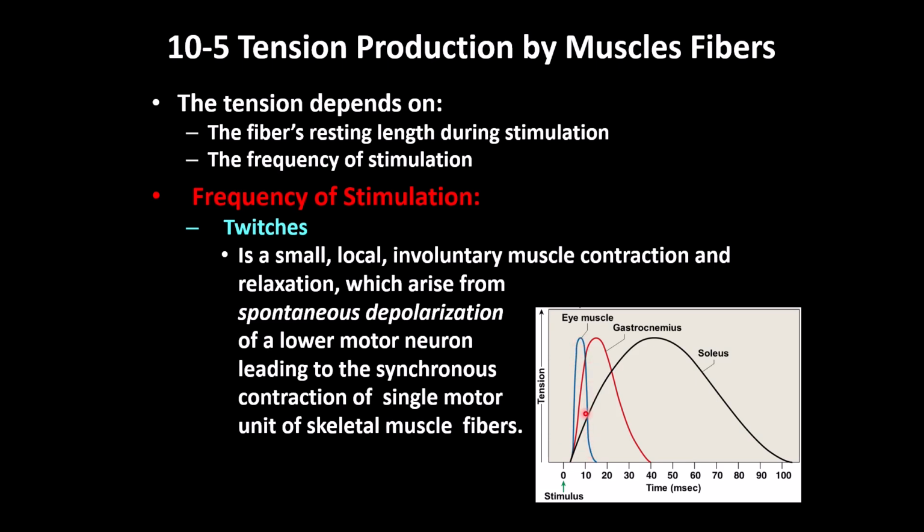These are the muscles in the lower limb. The duration depends on how many muscle fibers are activated. So a twitch is a one-time, involuntary, local stimulation of the muscle, and that's it.